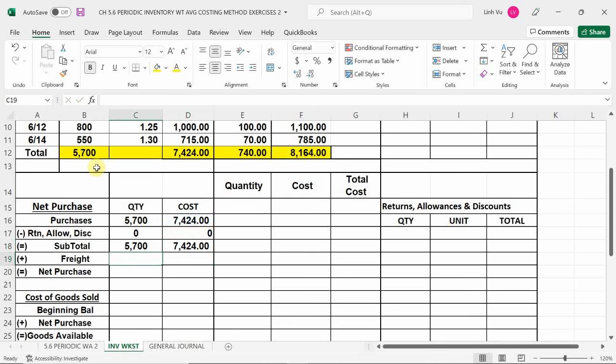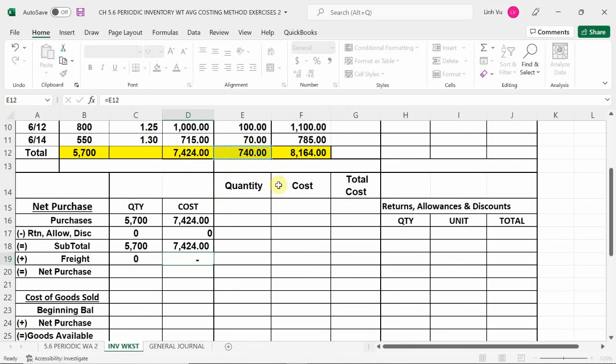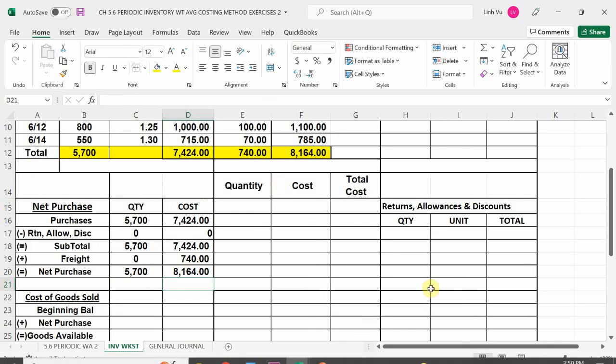We also have to consider freight, making no change to quantity, but it does change your total cost.